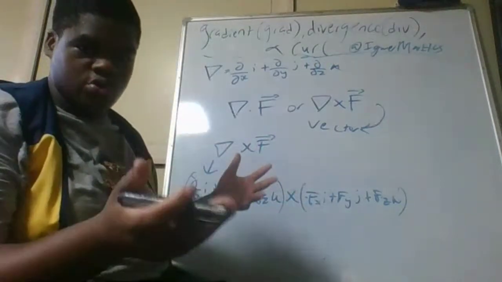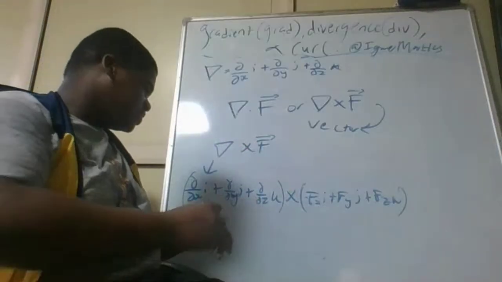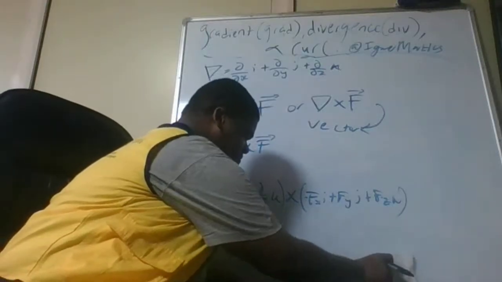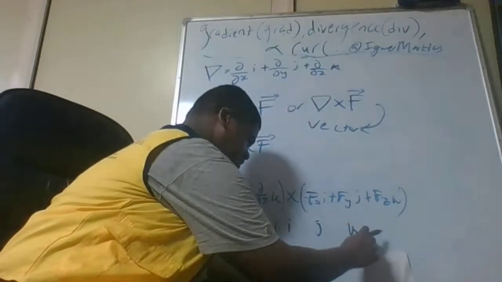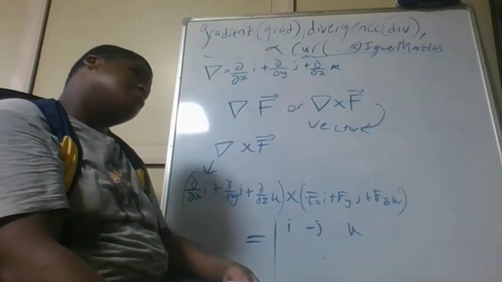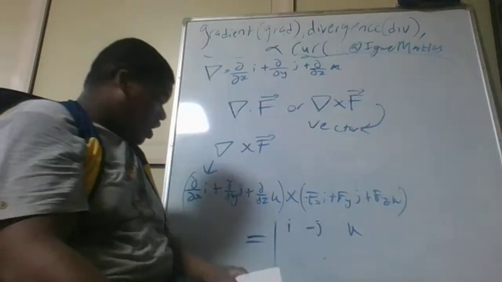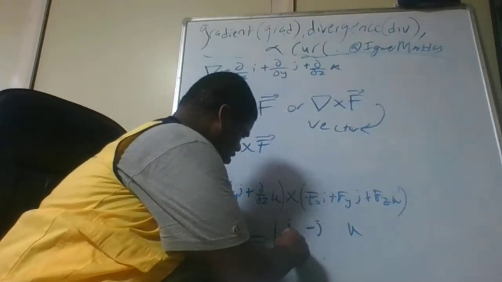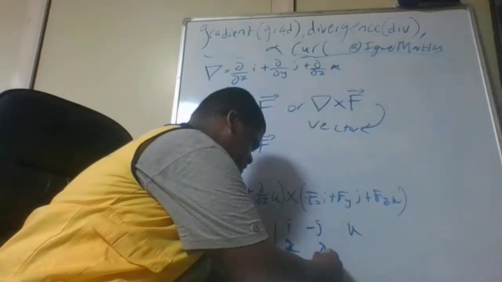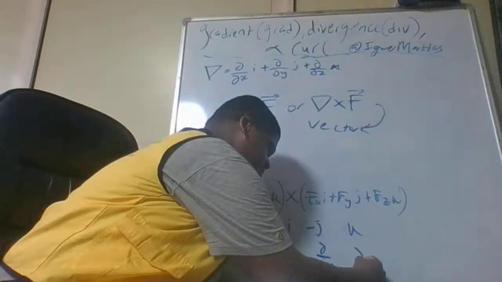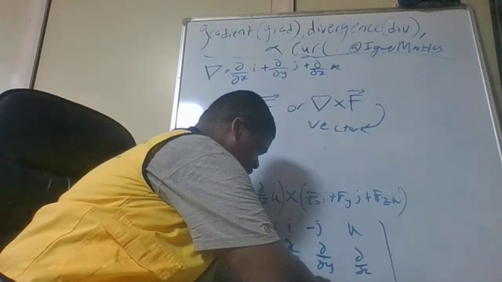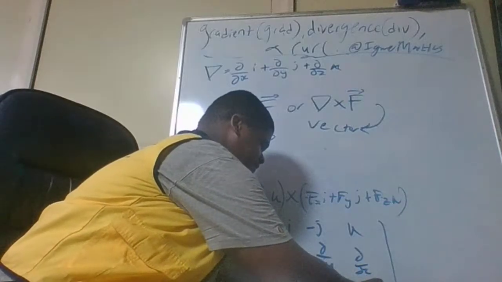So the matrix method is what we're going to use for this. It is represented by saying this is equal to the determinant of the matrix with rows i, j, k; partial x, partial y, partial z; and f of x, f of y, and f of z.